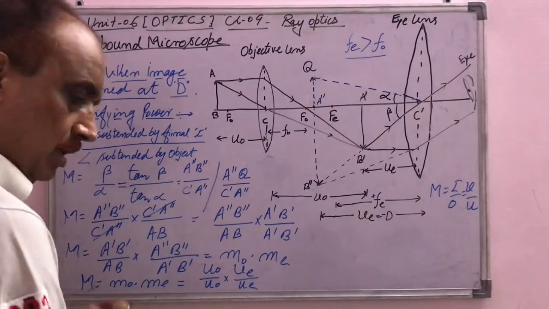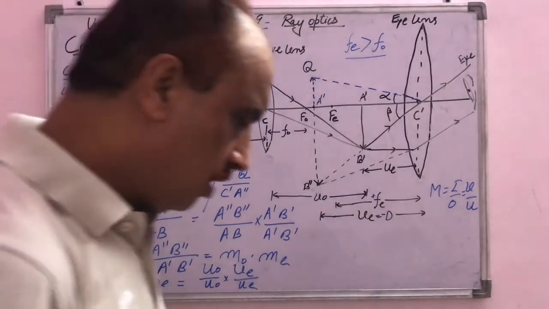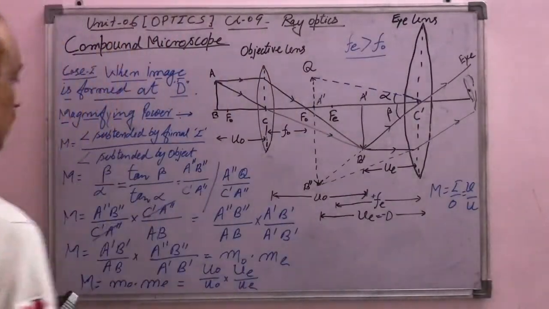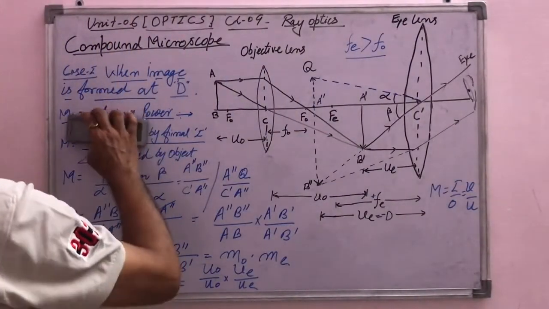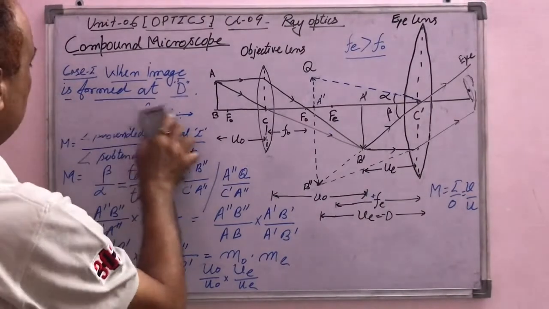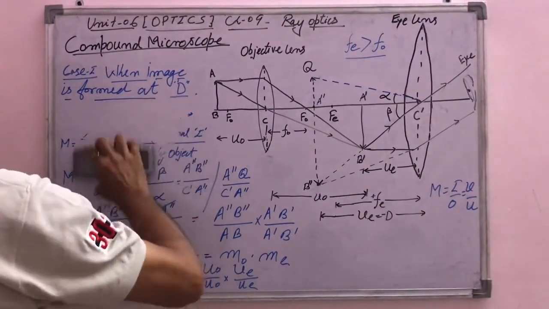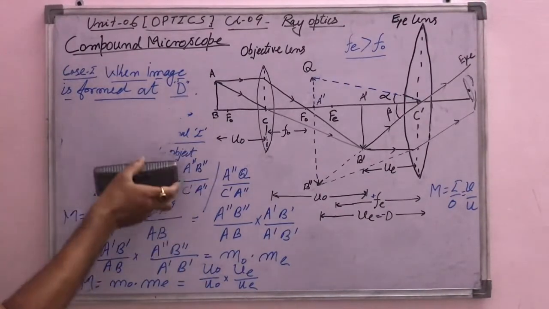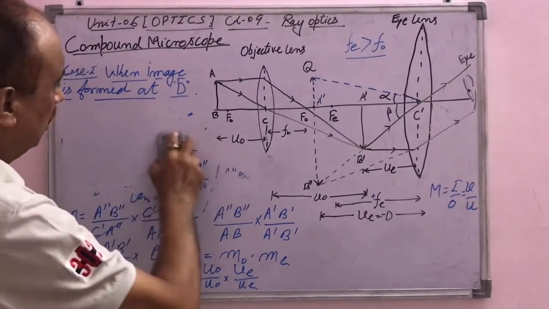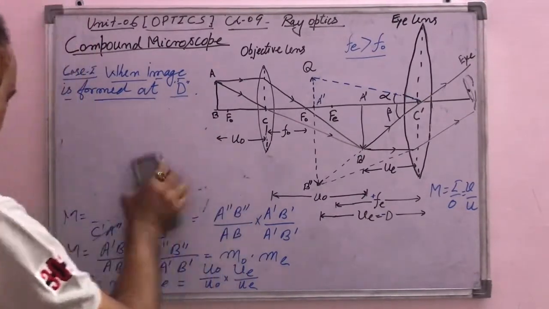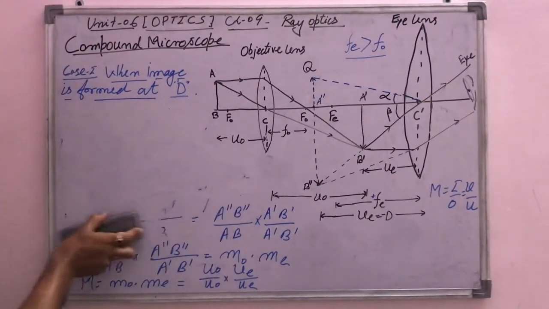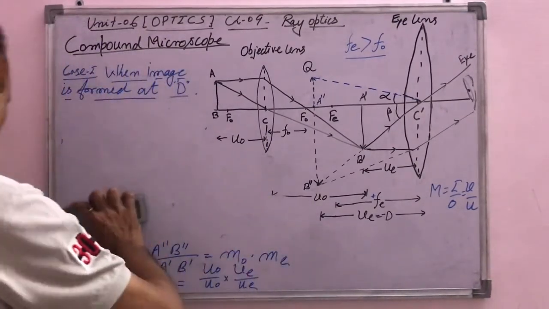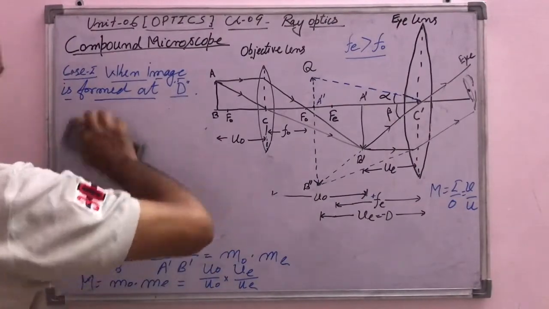Now the next question is how can we utilize here the value of the least distance of distinct vision where the image of the object is formed. To simplify the formula, we have to write the lens equation for the eye lens, and after that we have to find out the value for the magnifying power of the compound microscope.